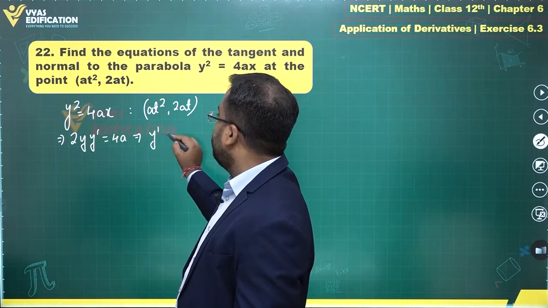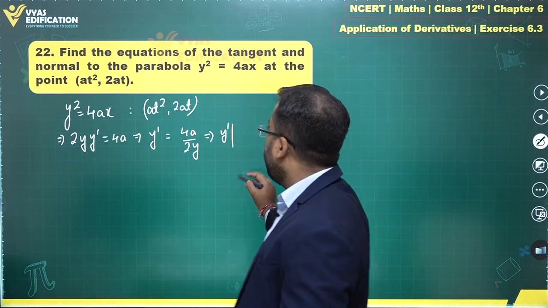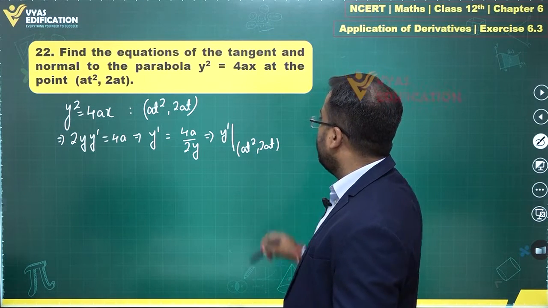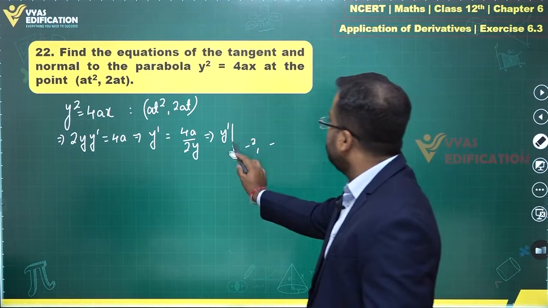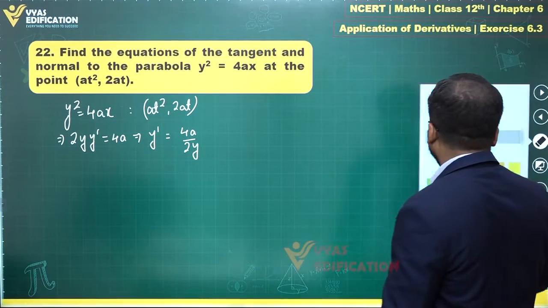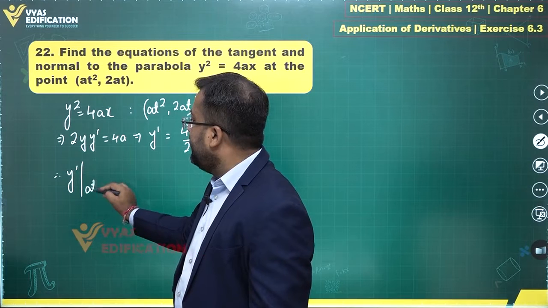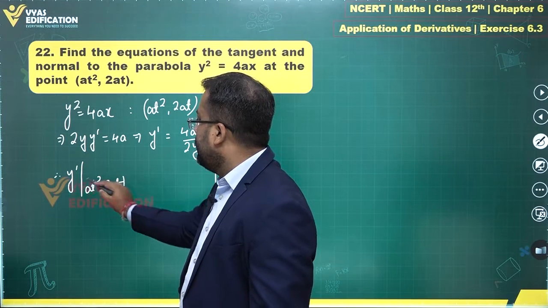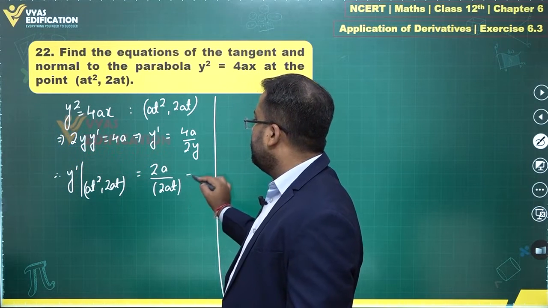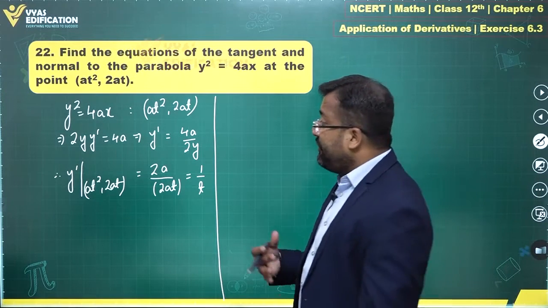This tells me y′ will be equal to 4a upon 2y, which tells me that y′ at (at², 2at), which is the required slope, will be equal to 2a upon y, which is 2at. This is 1 upon t. Please note that this is 1 upon t. So this is the slope of tangent.